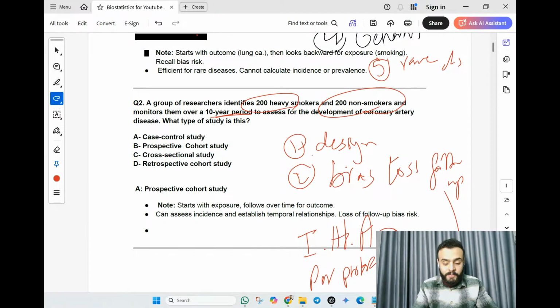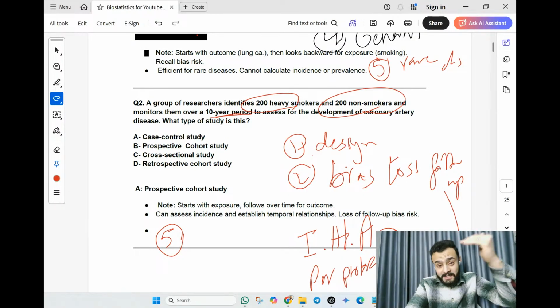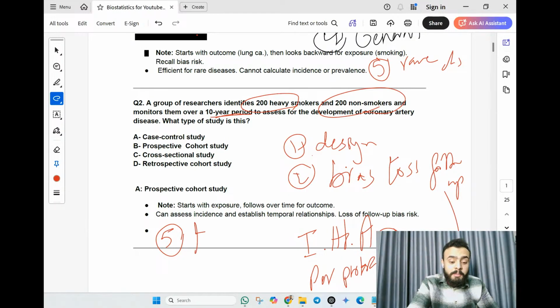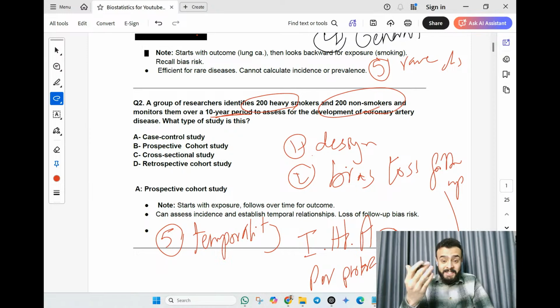Four questions till now. Question number 5. Since here I started with the risk factor and I'm collecting the outcome, the disease, in the future, that gives me a temporality relationship. Temporality is when the risk factor precedes the disease, which gives stronger evidence of association than case control gives.